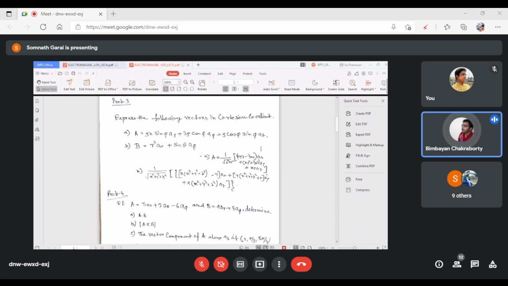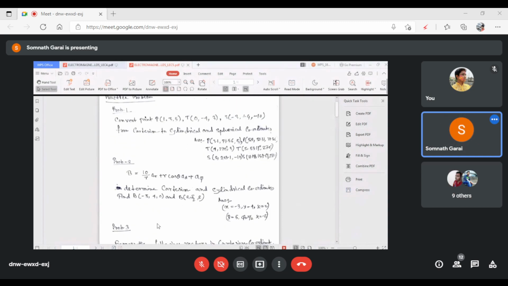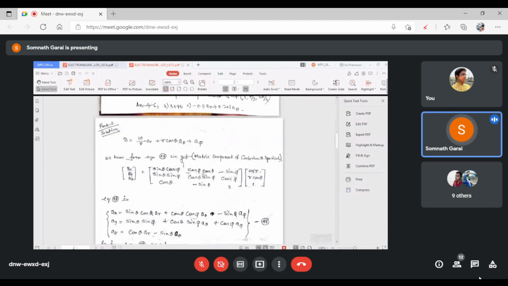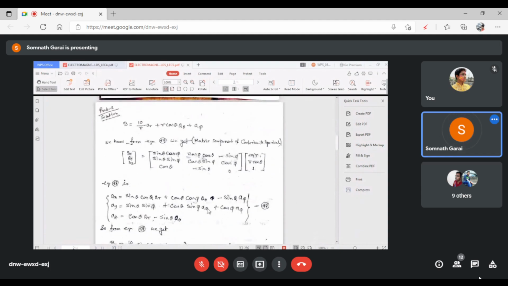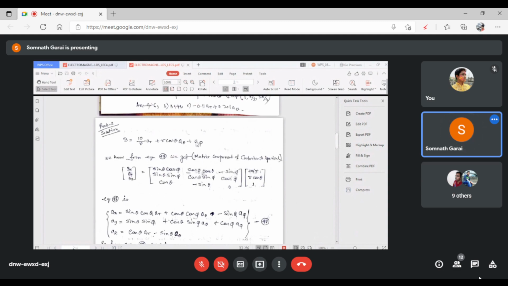I have already solved this one, just I discussed. B is equal to 10 by r ar plus r cos theta cos theta a theta a phi. This will be solved. This is the spherical coordinate system.